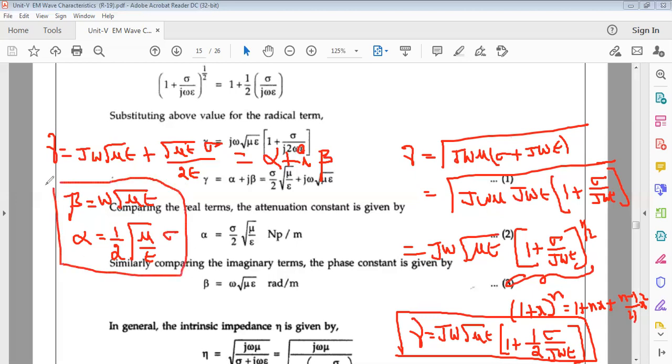So alpha is equal to sigma by 2 under root of mu by epsilon, Nepers per meter. Beta is in radians per meter, omega under root of mu epsilon.